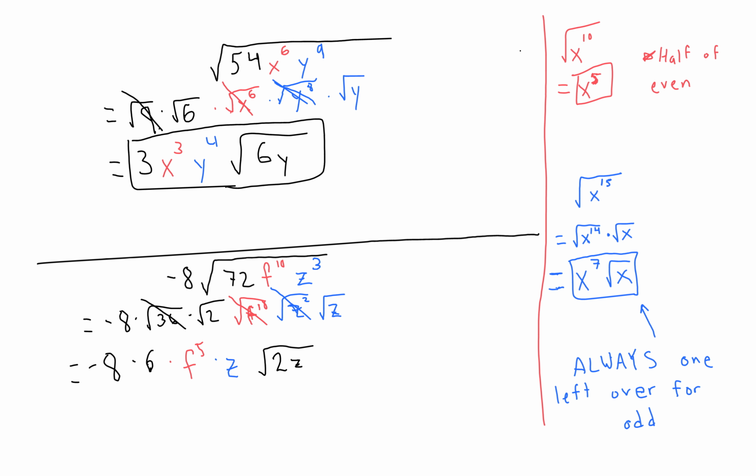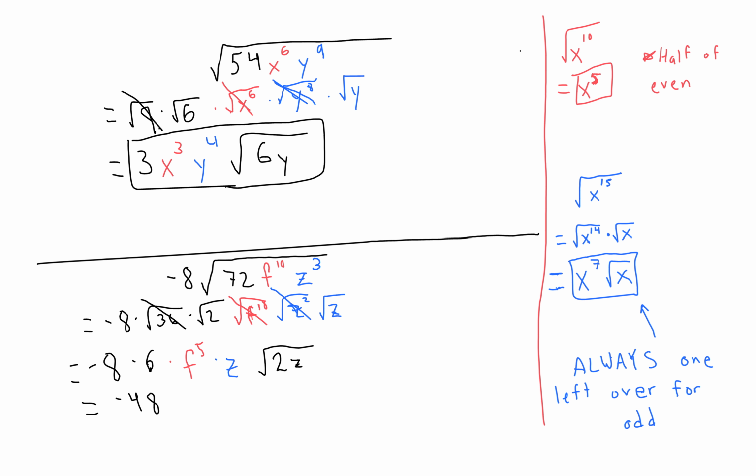We're basically done, but I threw in that negative 8 in front of the whole radical there. So what do we do with that? Well, I want to find something for that negative 8 to communicate with, namely this other number here. Negative 8 times 6 is negative 48. Everything else will stay the same.